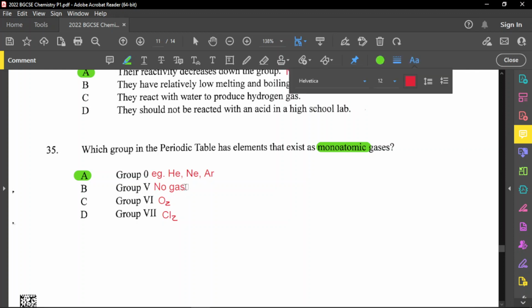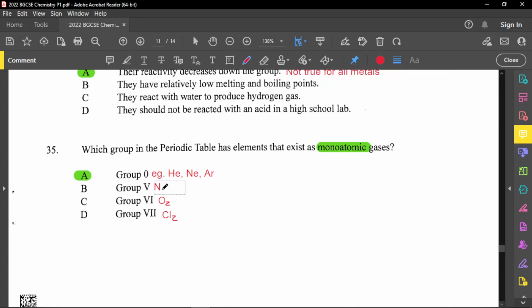So I'm just going to change this to N2 right here, so it's a diatomic gas, all right? Let me write that properly, so you have the correct thing. Let's put a 2 right here. All right, good. And of course, group 6, for example, oxygen, which is O2. Group 7, Cl2, which is chlorine gas. So they are diatomic gases, okay? So the one there off the bat is really group 0 or group 8.